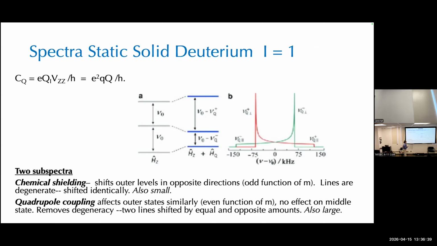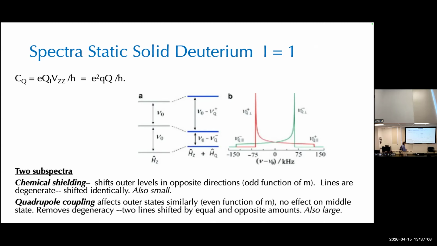So this is just the Zeeman interaction. This is the Zeeman plus some leading terms. Now, if that leading term were chemical shift, the shifts in the outer levels would be equal and opposite, and there would be no shift for m equals 0. This one would go up by exactly the same amount that this one went down, and so they would both shift their frequency by exactly the same.